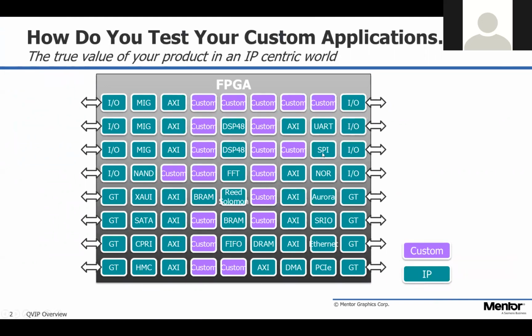Whether it be simple like an SPI or a UART, it could be an Aurora bus if you're in the Altera world. It could be Ethernet, PCIe, serial ATA, any of these, and a lot of AXI we see. So these standard buses are usually where the I/O onto and off the chip are coming from, and your custom logic is somewhere in the middle.